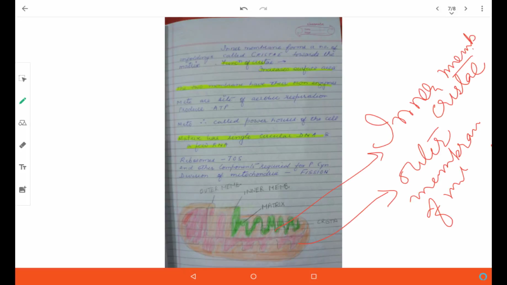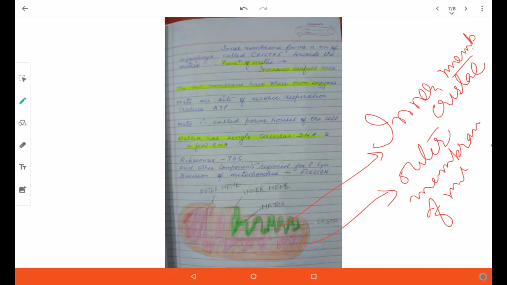The two membranes have their own enzymes. Mitochondria are the sites for aerobic respiration and they produce ATP. Therefore, mitochondria are also called the powerhouse of the cell. The matrix has a single circular DNA and a few RNA along with 70S kind of ribosomes. Why 70S ribosomes?